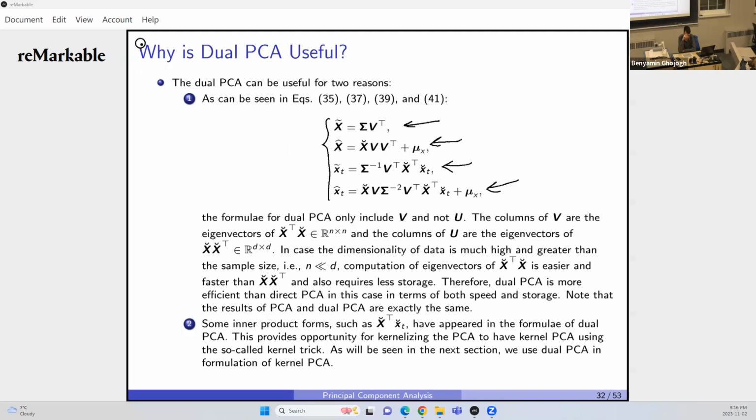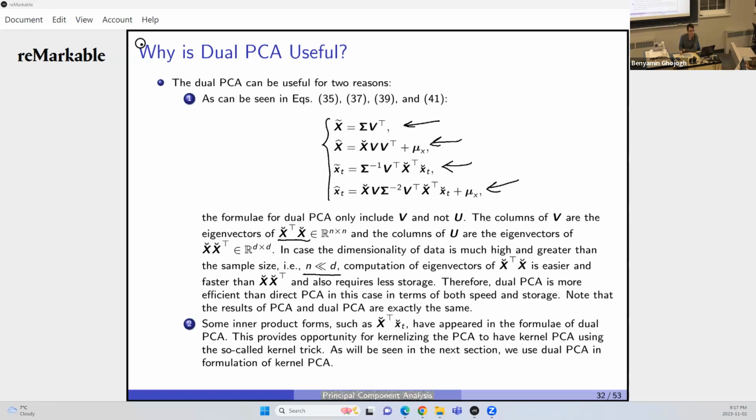Now recall the fact that D was much greater than N in this case. Dimensionality of data is large. What was U? What was V? According to what we proved in the preliminaries for the relation of SVD and EVD, V, which is the right singular vectors, are the eigenvectors of X breve transpose X breve, right?